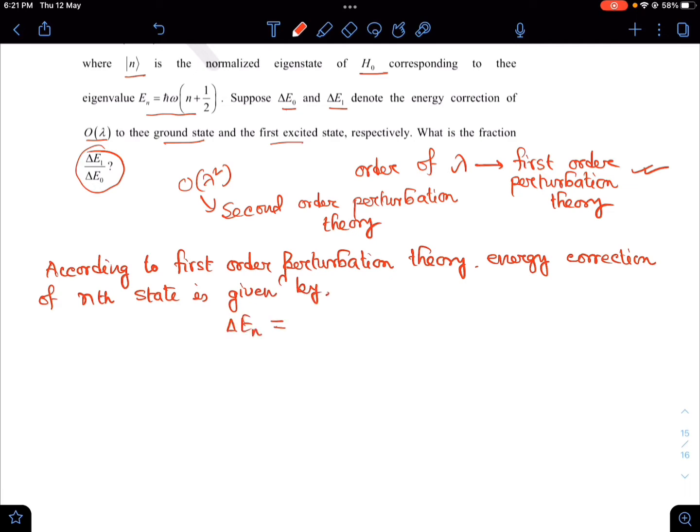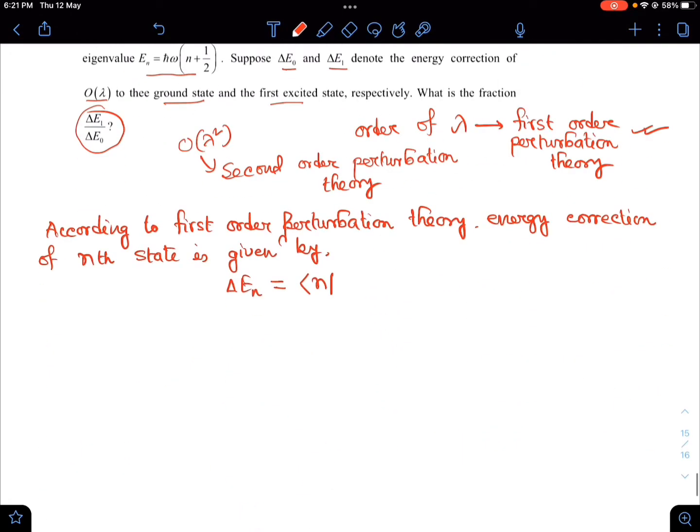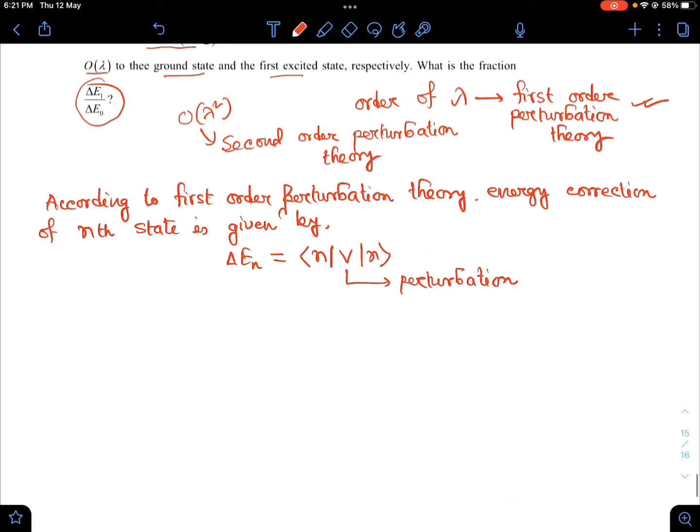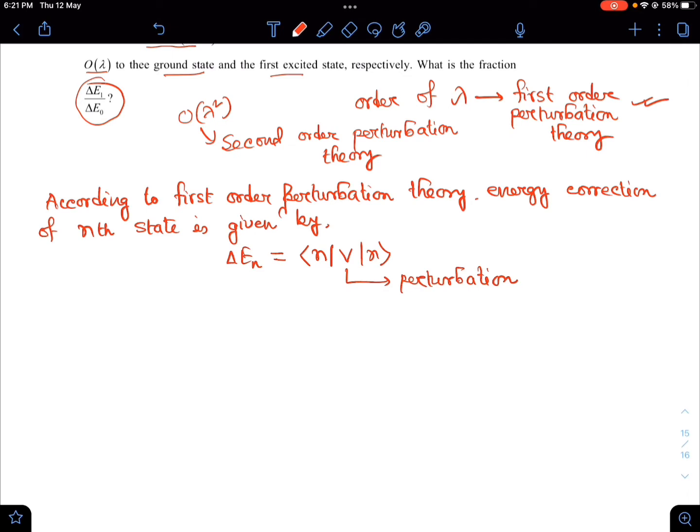Delta E_n will be <n|V|n>, where we have the perturbation V here. So this is our perturbation that we apply to the free Hamiltonian. So this will be the correction of the nth state.